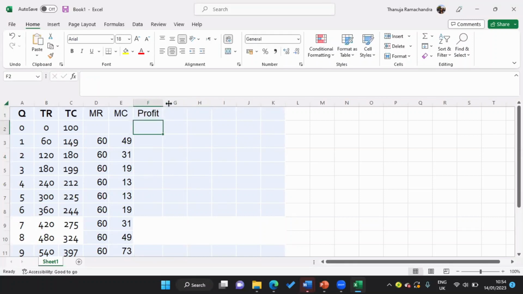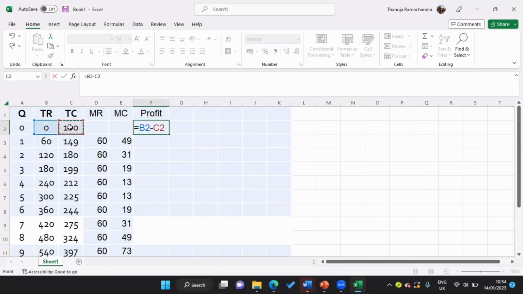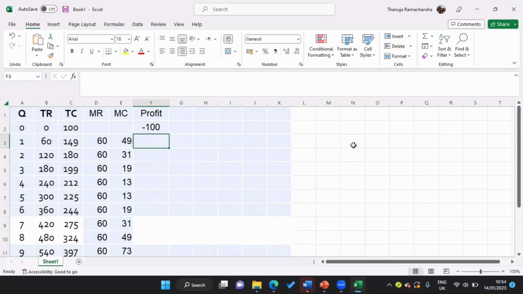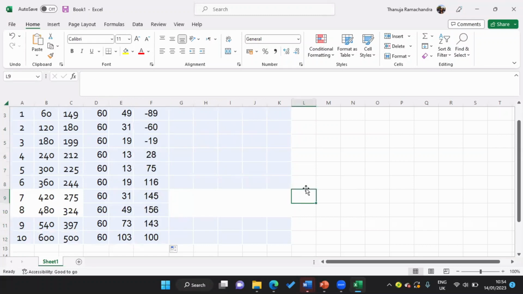To find out the exact profit, what do you do? Profit is total revenue minus total cost. Initially, of course, there's no revenue. Where is the maximum profit? $156, isn't it?